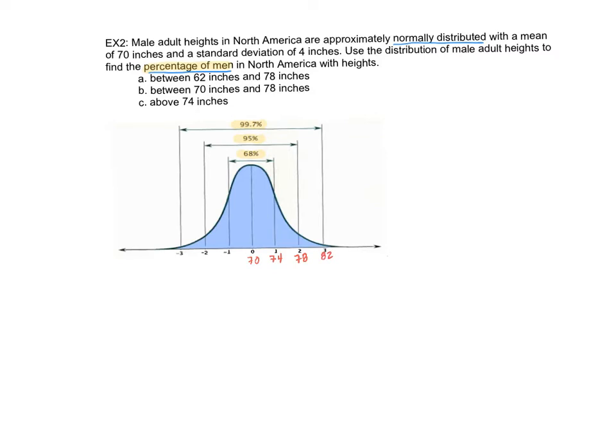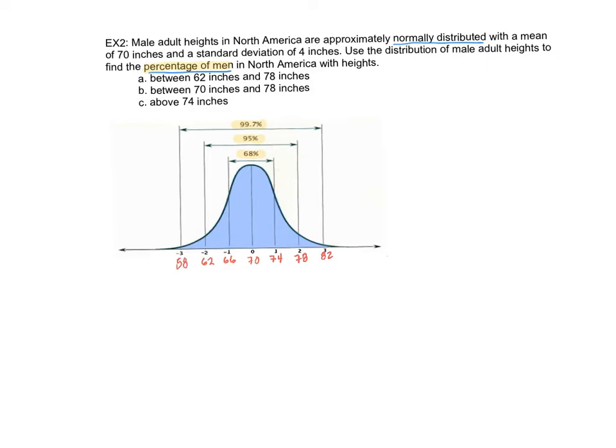For 1 standard deviation below, I'm going to subtract 4 from 70 to get 66. Then subtract 4 from 66 to get 62, and then subtract 4 again to get 58. Well, that's a sad looking 58.